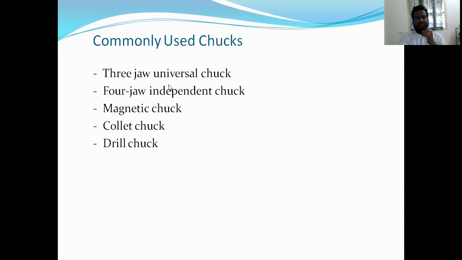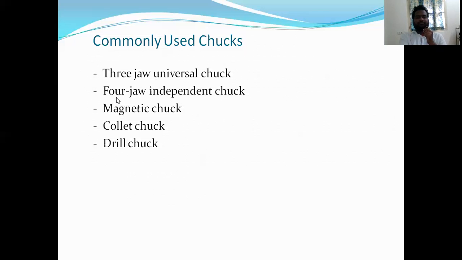Observe here, this is called a 3-jaw universal chuck, and here, a 4-jaw independent chuck. Why is it called a universal chuck? By rotating only one keyway, these 3 jaws move in and out at the same time.